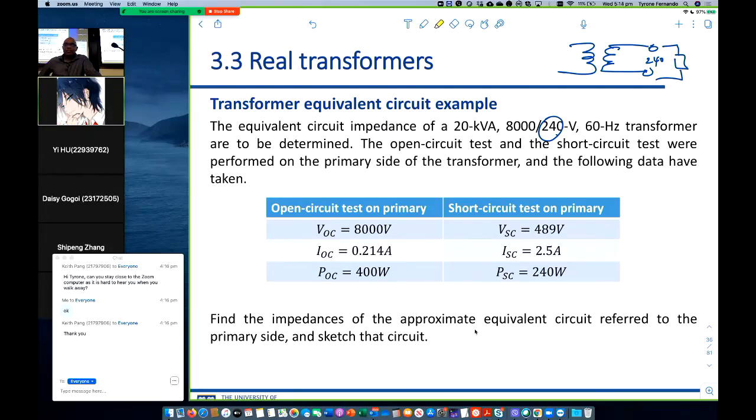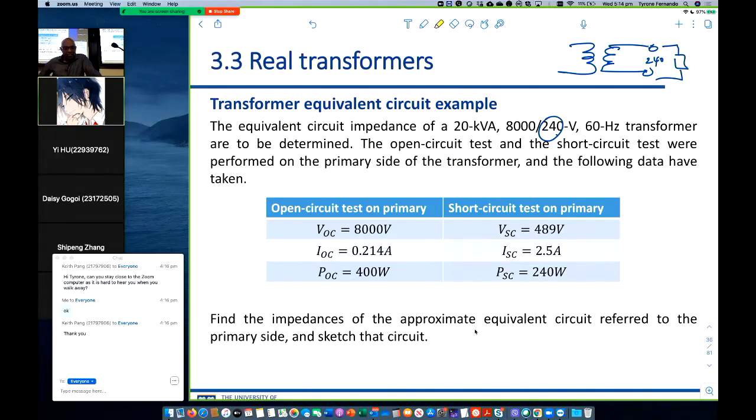So 8,000 is the rated voltage on the primary. 240 is the rated voltage on the secondary. So the turns ratio is going to be what? This 8,000 on 240 is the turns ratio. So we need to find the parameters for this equivalent circuit.